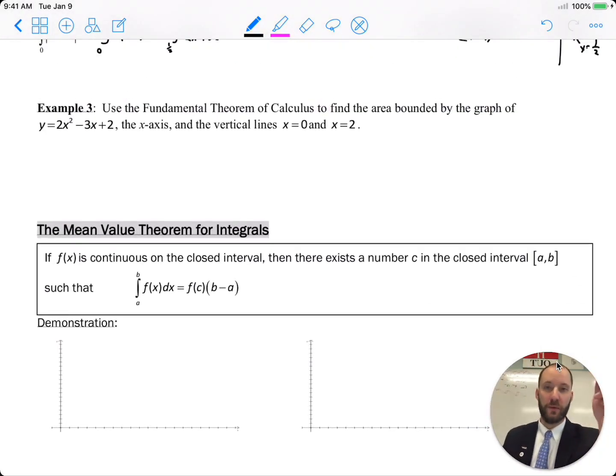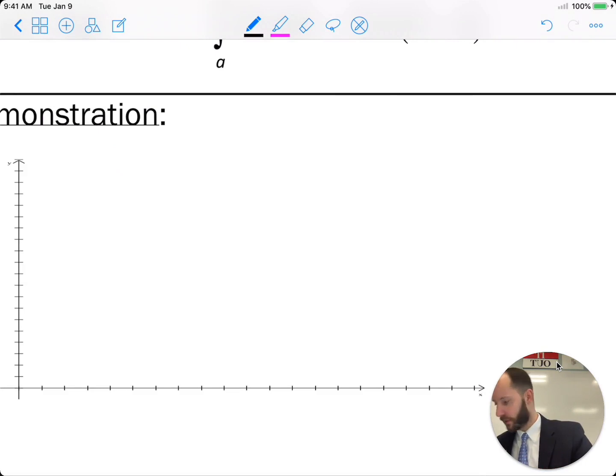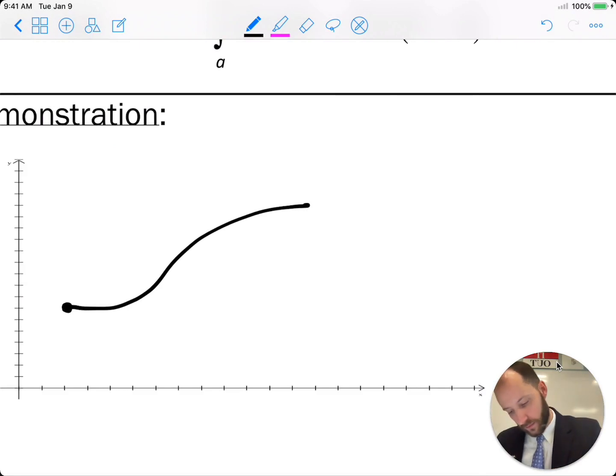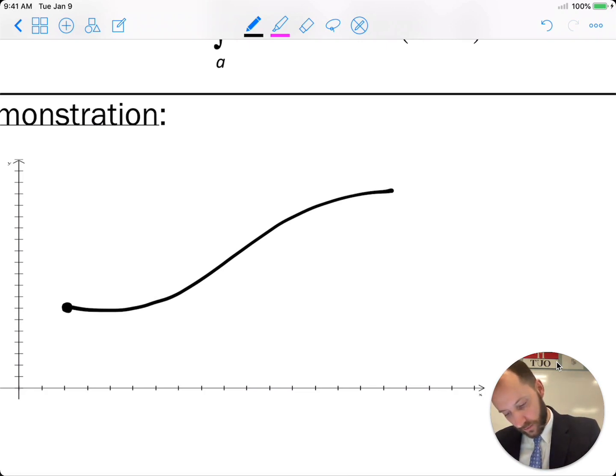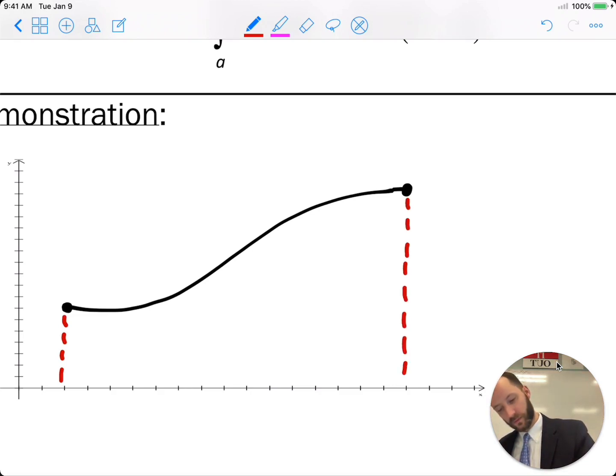The mean value theorem for integrals. So let's assume we have a function, okay? Something like this. I could go further, so like that. Then area under the curve would be all the area under the curve to the x-axis.